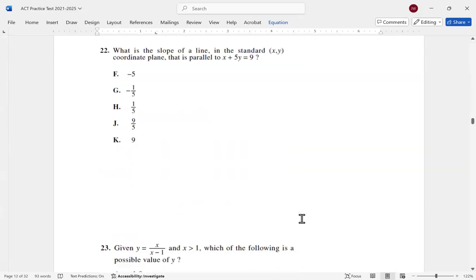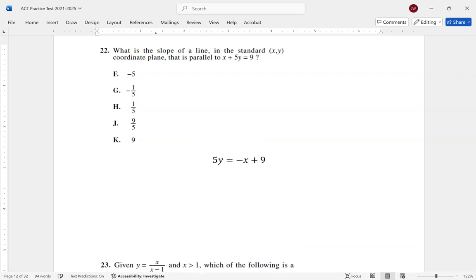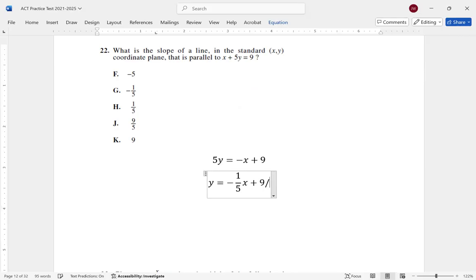Question 22. What is the slope of a line in the standard XY coordinate plane that is parallel to x plus 5y equals 9? What I would do is put that x plus 5y equals 9 in slope-intercept form. The first thing I would do is subtract x from both sides, giving me 5y equals negative x plus 9. Then I divide both sides by 5, giving me y equals negative 1/5 x plus 9/5.